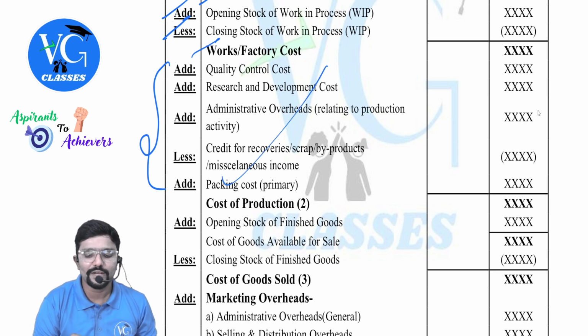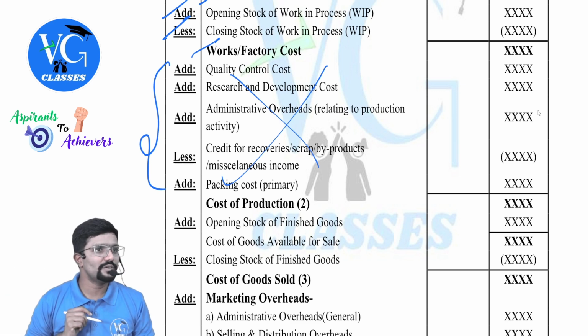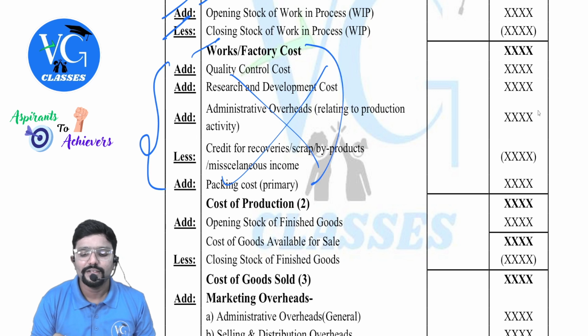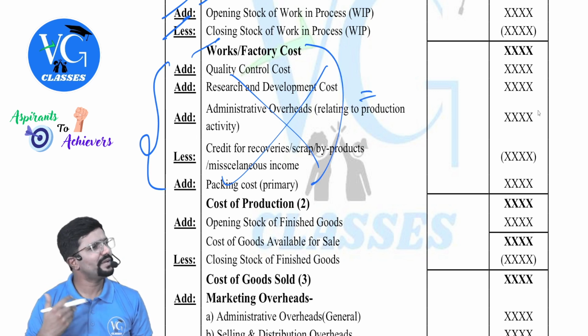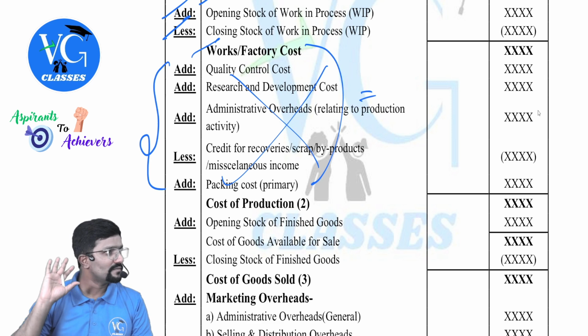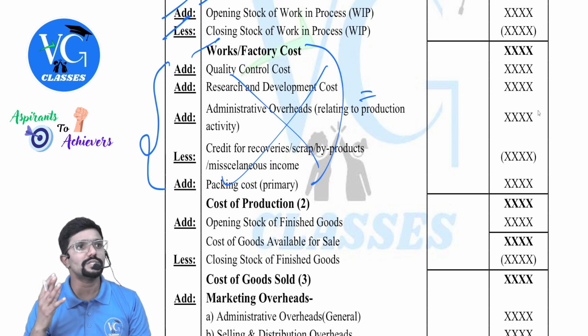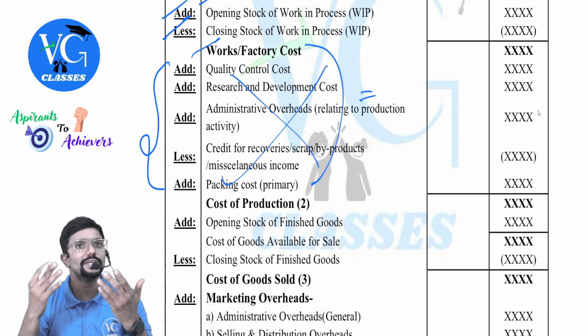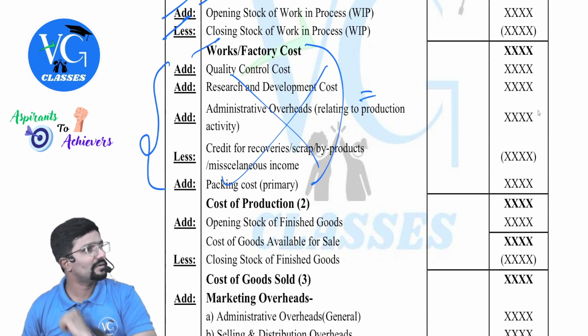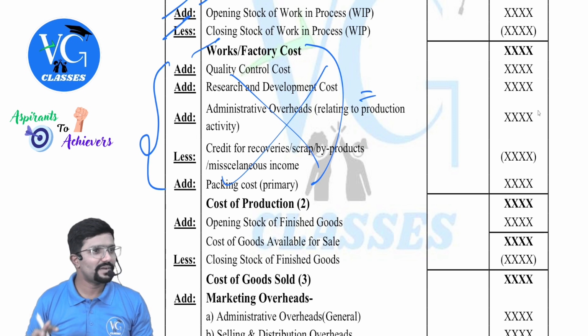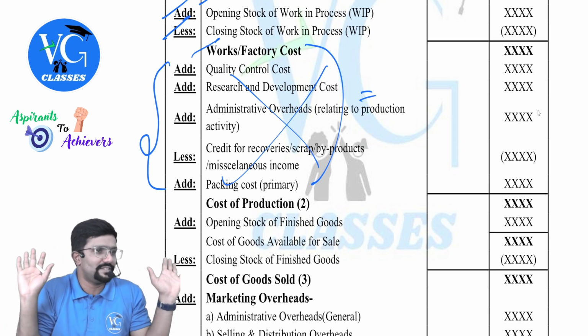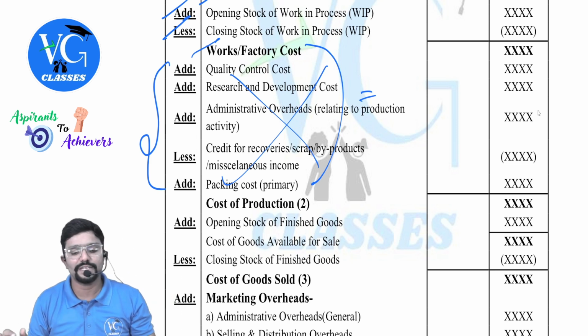Guys, none of this will come here in our cost accounting system. So straight away, can I tell factory cost is equal to COP? Yes, for that chapter. Don't mix up both chapters when a question on cost sheet is there. Don't write what you have learned in the cost accounting system. I'm trying to compare both and tell what is the difference.